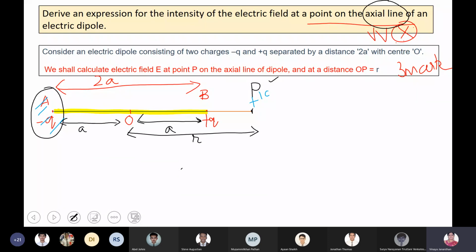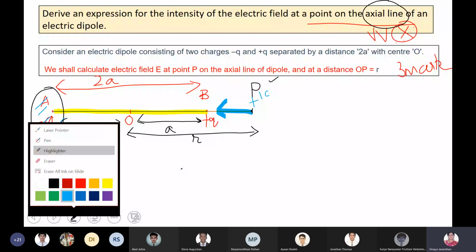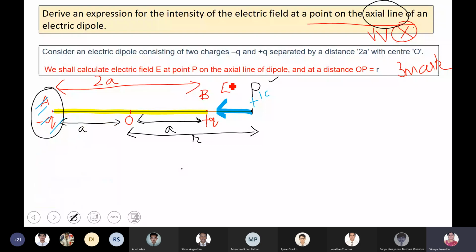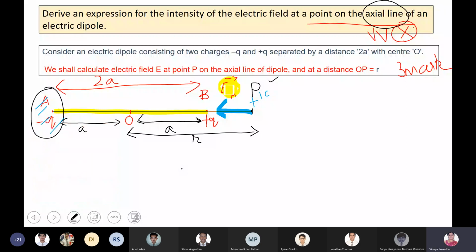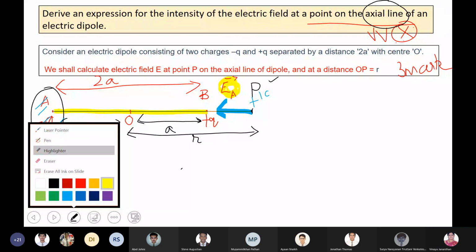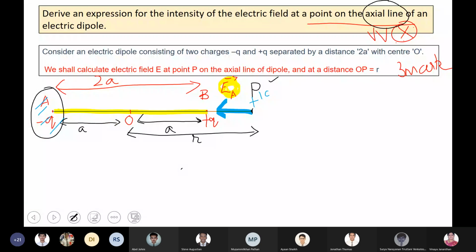Will this +1 coulomb test charge experience a force of repulsion or attraction? So the force and the field will lie like this. Can you understand the arrow I have written? This is the E_A vector. Is that clear, boys? Same diagram.